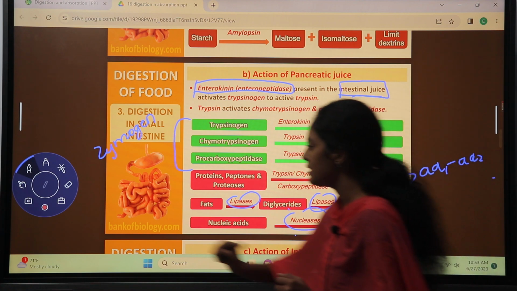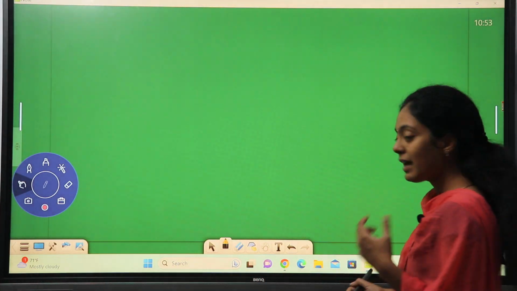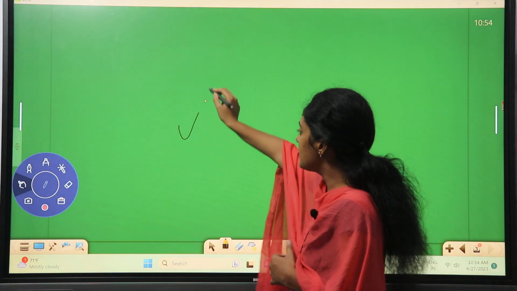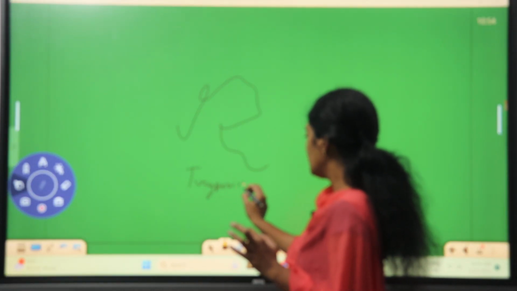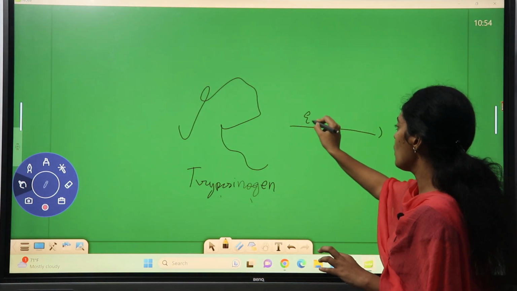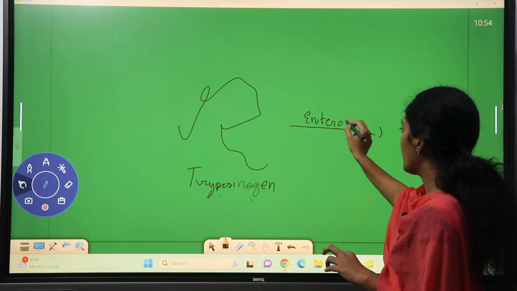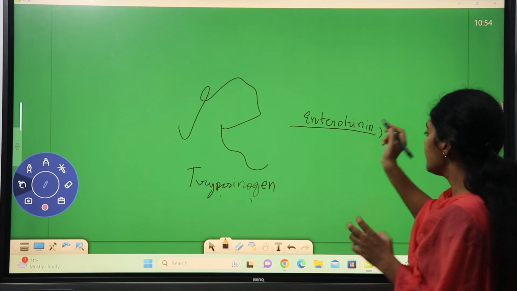Just give me a minute, I will explain this and give you time to write. When I talk about activation, imagine this is pepsin, it will be very long. Trypsinogen is an inactive form. In presence of enterokinin it will form trypsin.